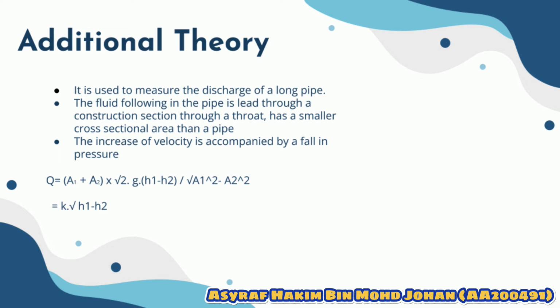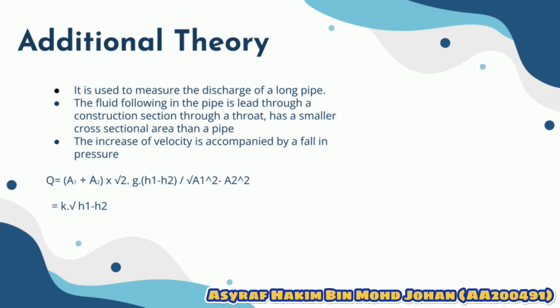The Venturi meter is a device which is used to measure the discharge of a pipe. The fluid flowing in the pipe is led through a constriction section, the throat, which has a smaller cross-sectional area than the pipe, so that the velocity of the fluid through the throat is higher than in the pipe.